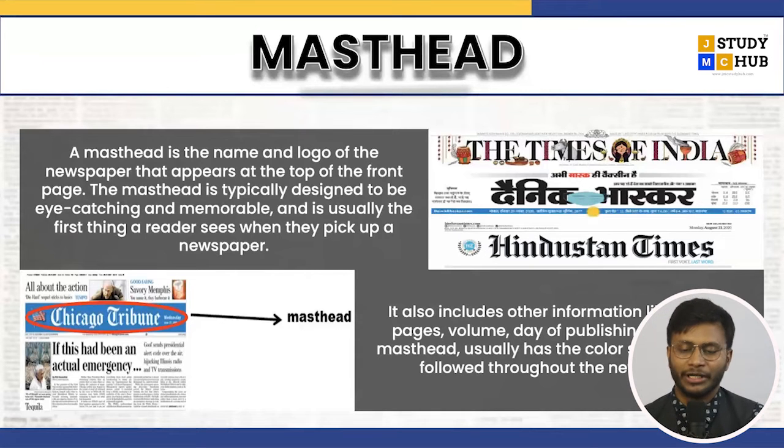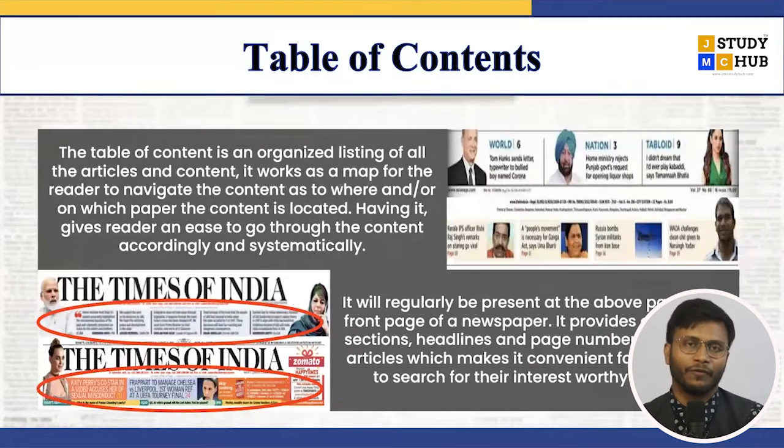The next important terminology is the table of contents. We are aware of what the table of contents is. In a newspaper, the table of contents is a bit like a map. It's right at the beginning and it shows you what's inside the paper and where to find it.